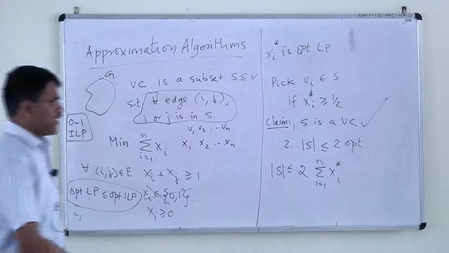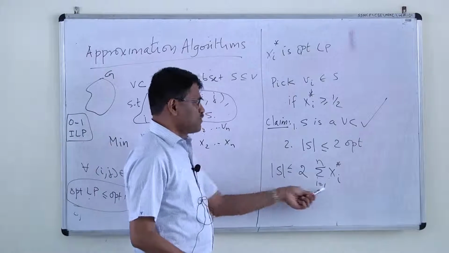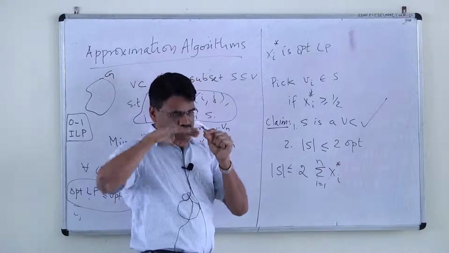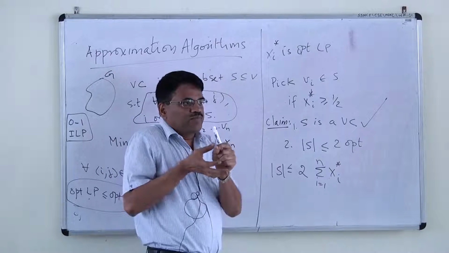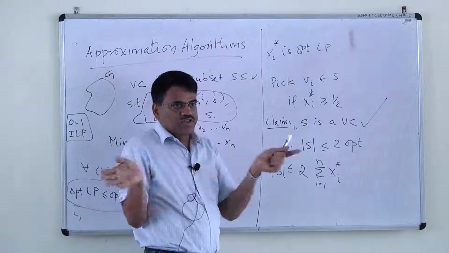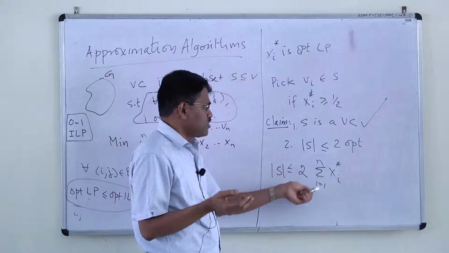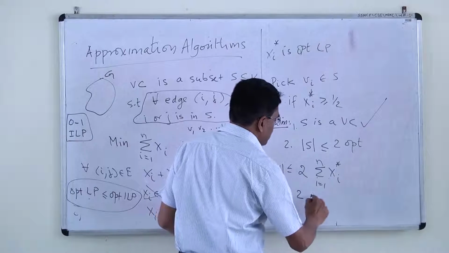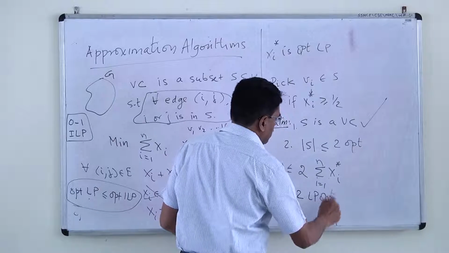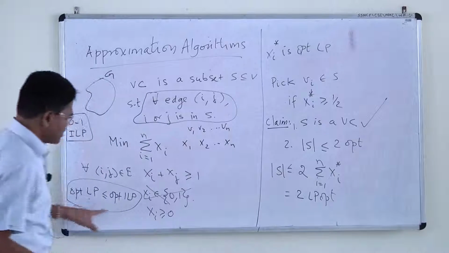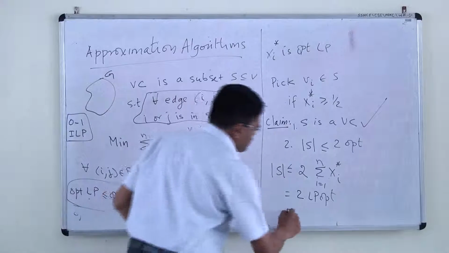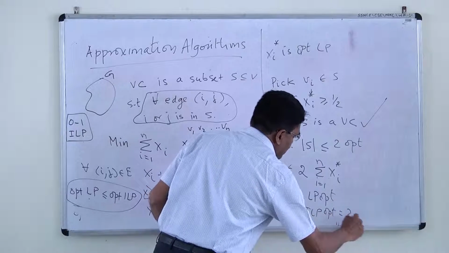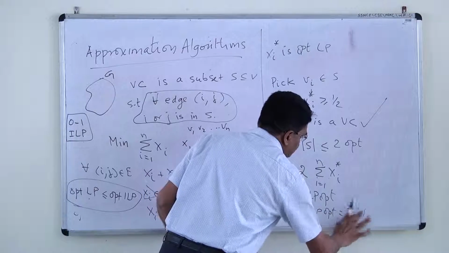Then whatever I have picked is at most 2 times, because what did I do? If it's greater than or equal to half, I pulled it to 1, otherwise I brought it down to 0. So I might have at most doubled this solution, whatever it was. But this solution is exactly 2 times LP opt, and we just saw that LP opt is less than or equal to ILP opt, and ILP opt is exactly the size of the optimum vertex cover.